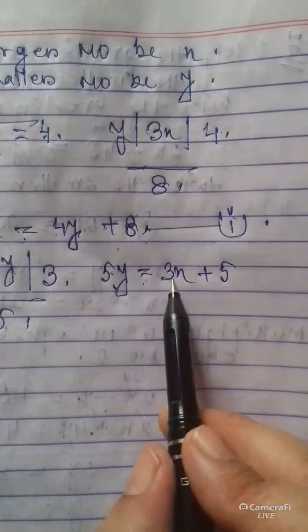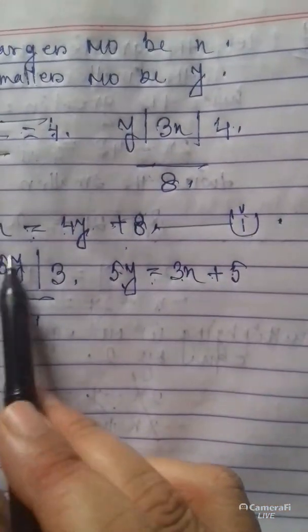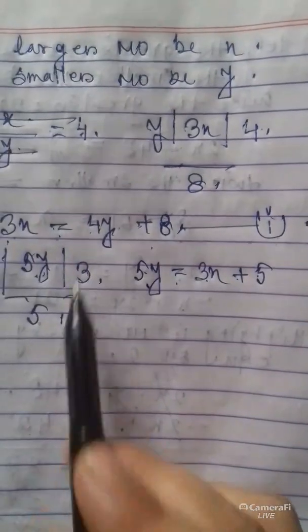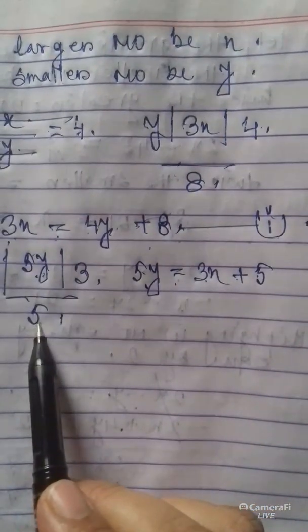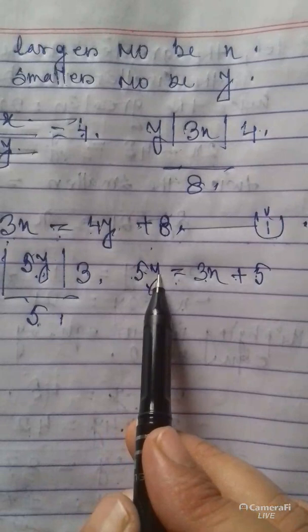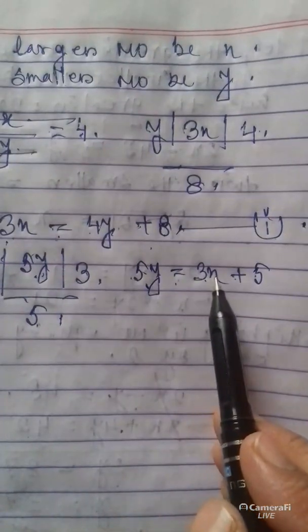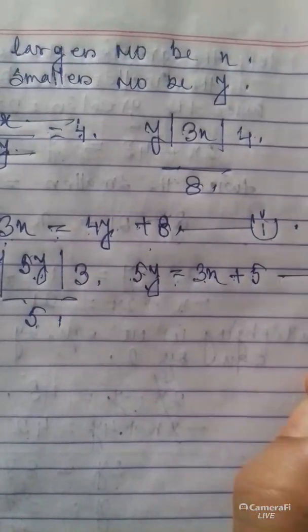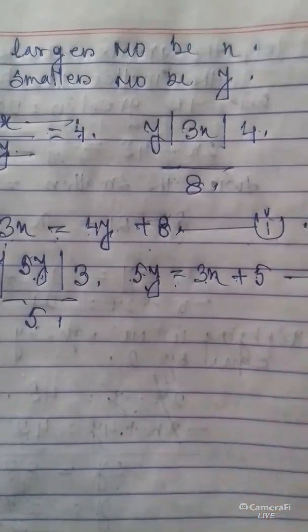Why? Because 5y is the dividend, x is a divisor, 3 is a quotient and remainder is 5. Dividend equal to divisor into quotient plus remainder. This is two number equation.